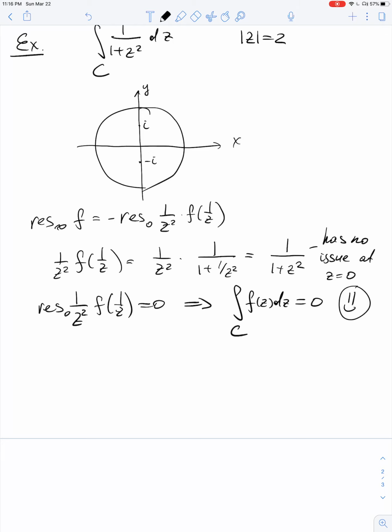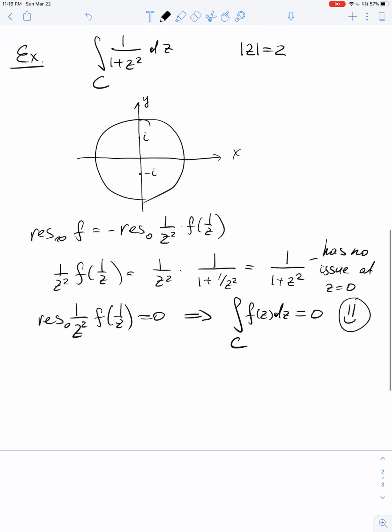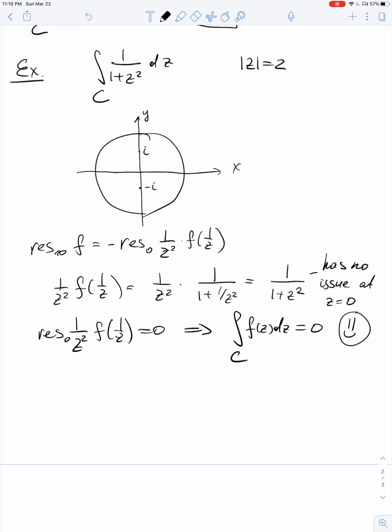Smiley face. Now, if you're curious, you can actually compute the residues at i and at minus i, and you'll see that these residues are actually not zeros, but one is equal to minus the other, and so when we add them, they cancel out and we get 0.